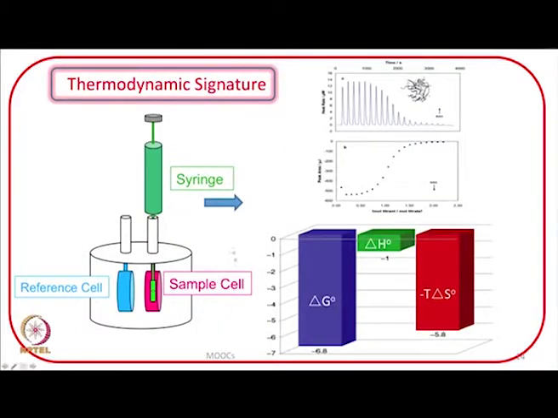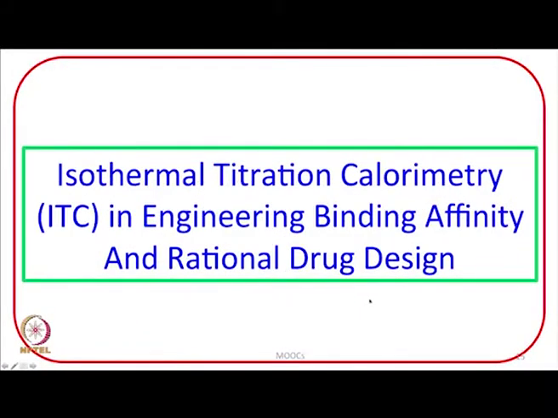We discussed that obtaining thermodynamic signatures from a technique like isothermal titration calorimetry is very important, and such signatures can be obtained in a single experiment, which plays an important role in engineering binding affinity and rational drug design.